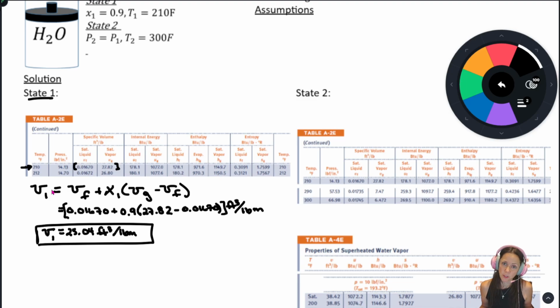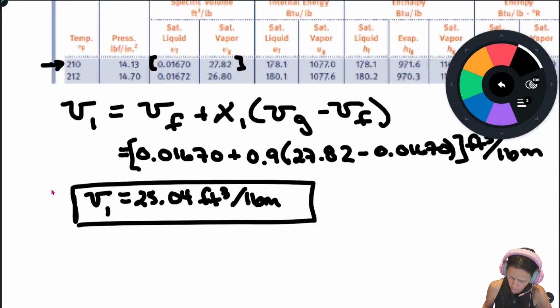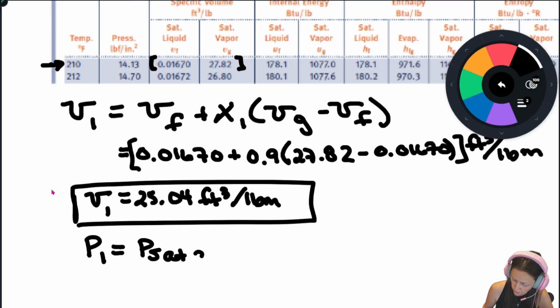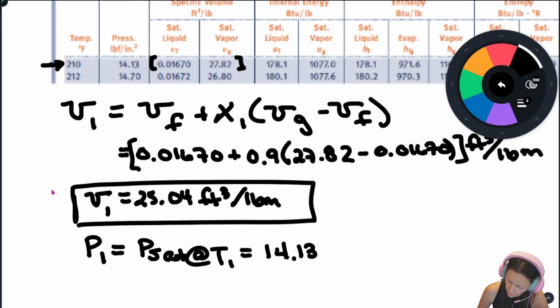I need to figure out what P2 is. It's equivalent to P1, and at state 1 we're saturated, so there's only one possible pressure, the saturation pressure at 210 degrees Fahrenheit, which is 14.13 psi.